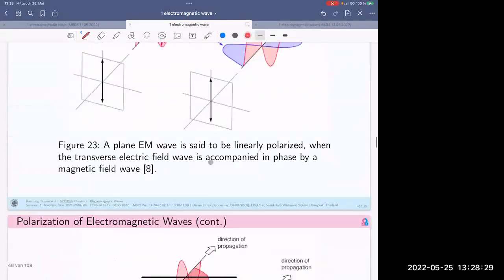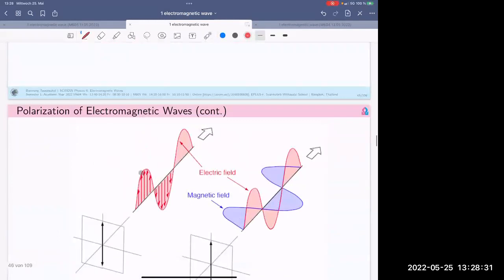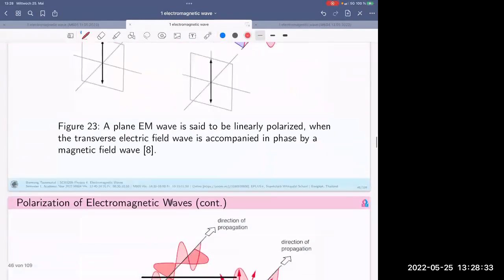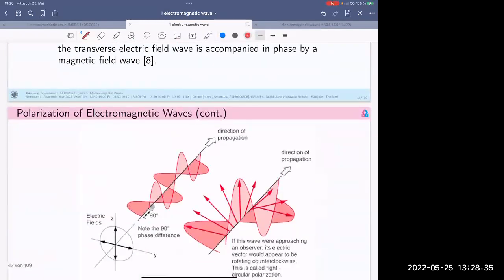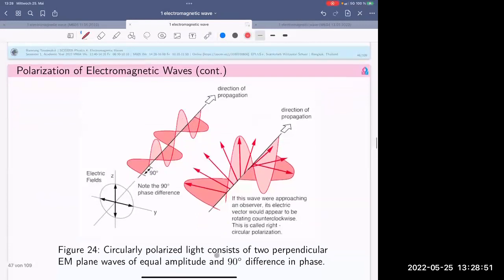It's not just fixed vertically like this, because it is composed of two electric fields actually. So the electric field that you can observe will rotate like this all the time, and that's the rotation.